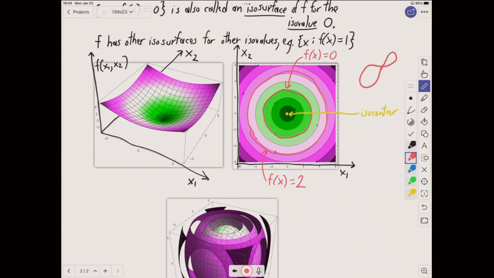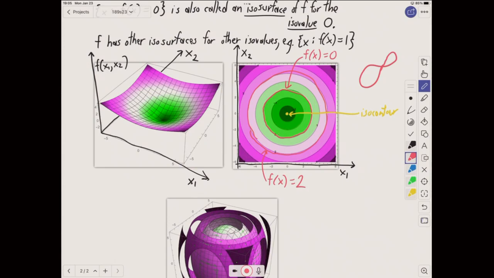Yes? According to the predictor function, you said that the iso values might not be zero. So can I just take g of x equals f of x plus 1, for example, if its iso value is 1? Can you get another isocontour by saying g of x equals f of x plus 1?